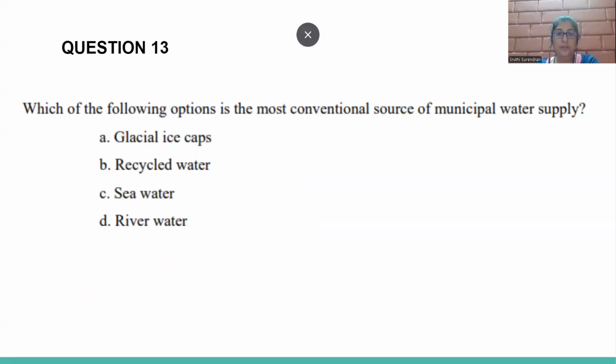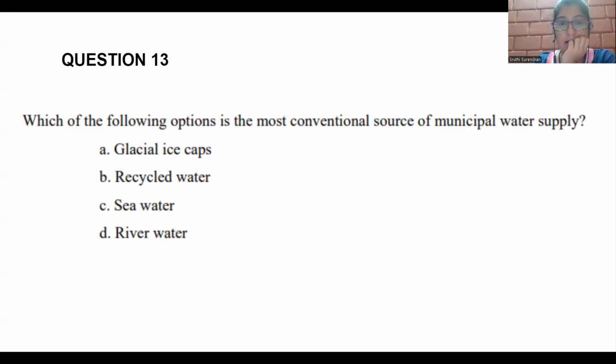Which of the following options is the most conventional source of municipal water supply? For all of us getting water from the municipal water supply, what is the main source of this water?